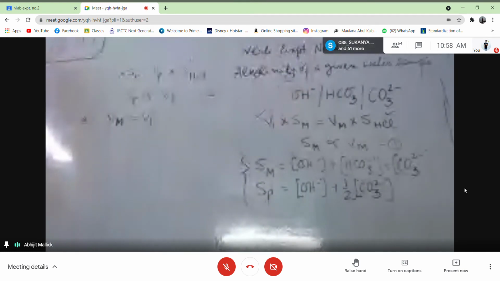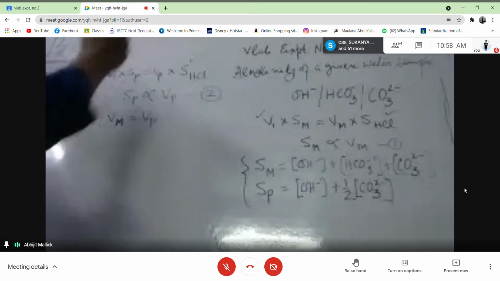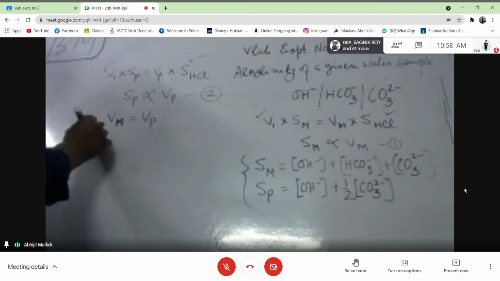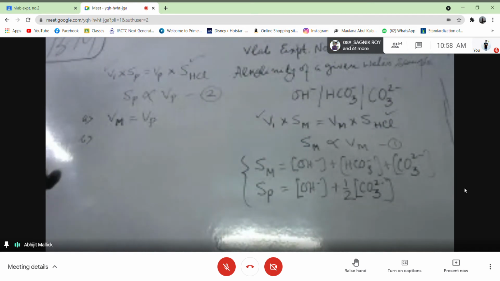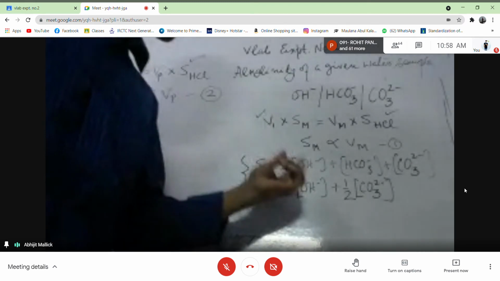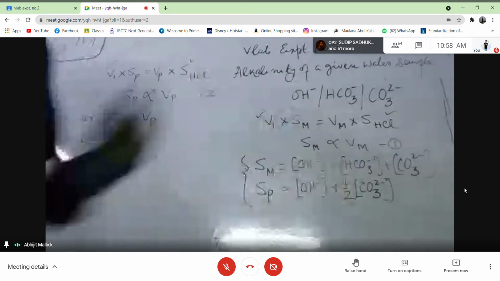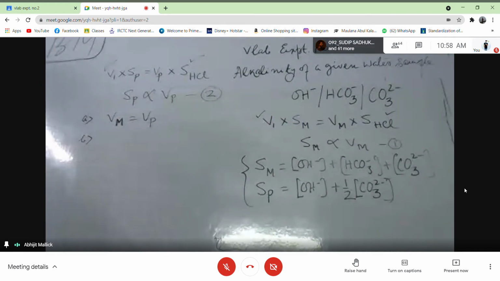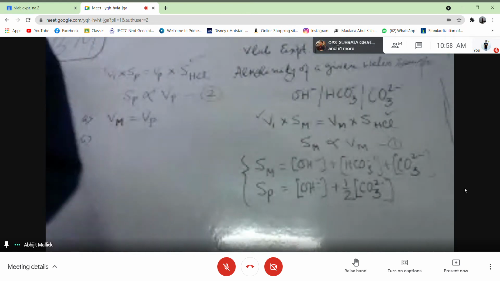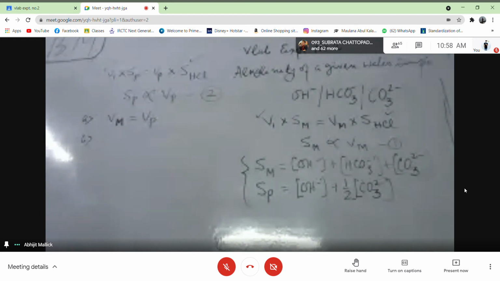The sample water contains only, say, bicarbonate ion. Only bicarbonate ion. What will happen? Only bicarbonate ion means OH minus 0, carbonate 0. Then what is the value of SP? SP will be 0.